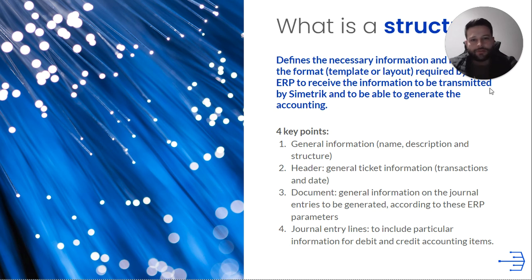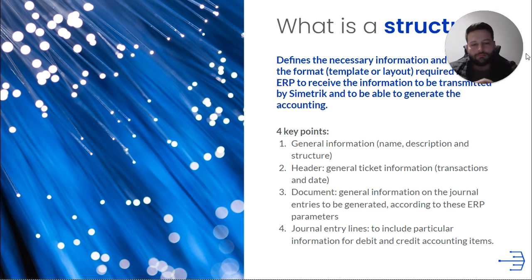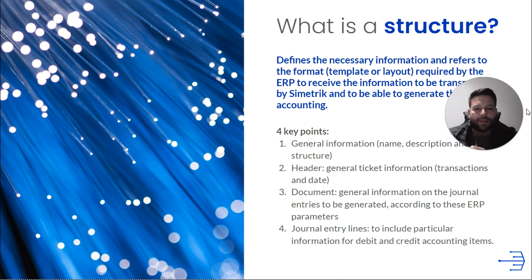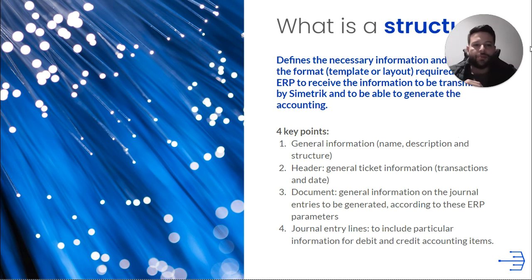We have here what is a structure. The structure defines the necessary information and refers to the format, which is the template or the layout required by the ERP to receive the information to be transmitted by Symmetric and to be able to generate the accounting. Here we have some points that I'm going to tell you about. First, the general information, which is the name, description, and structure.